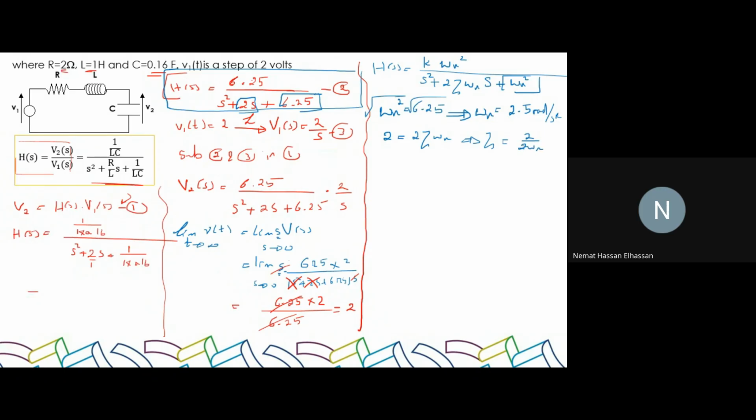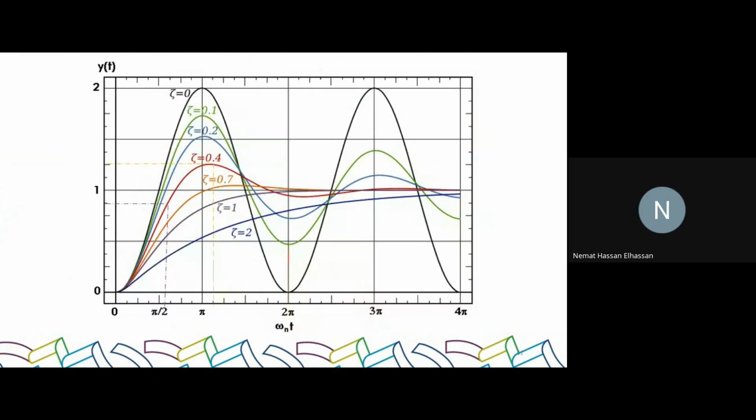And I already evaluated omega n to be 2.5, so zeta would be equal to 1 over 2.5, which means that zeta is equal to 0.4. So we've established the value of omega n, we've established the value of zeta, which means now I know which curve I need to use, which is the curve where zeta is equal to 0.4, the red one. Clear?